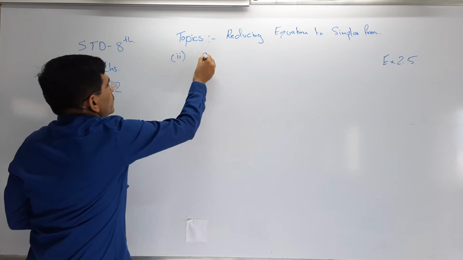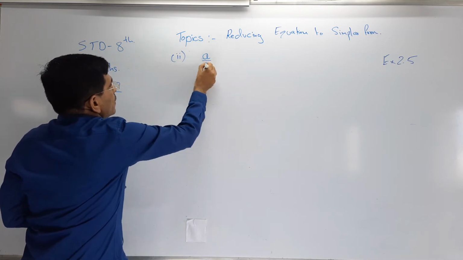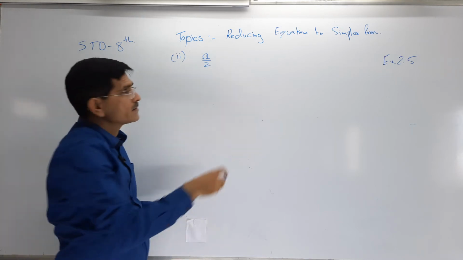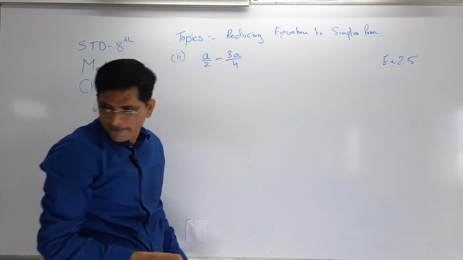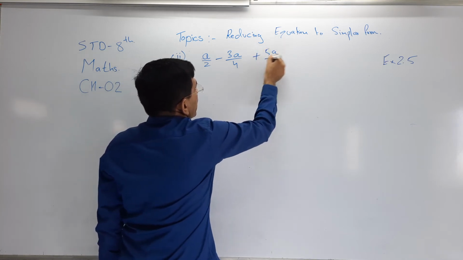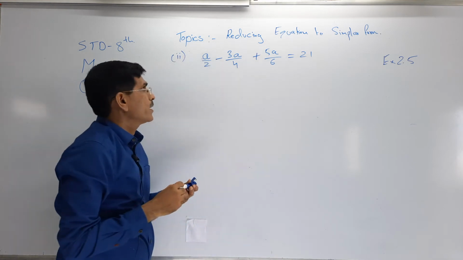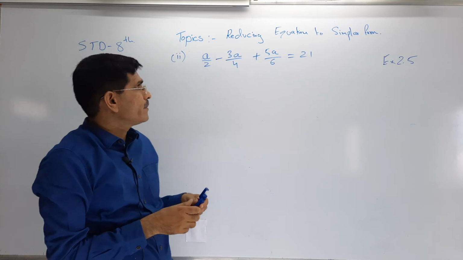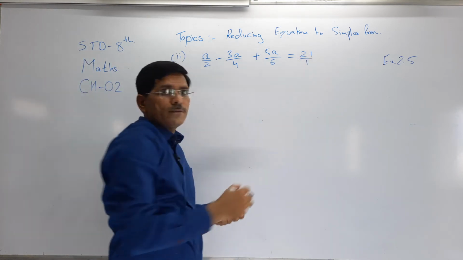The question is a by 2 minus 3a by 4 plus 5a by 6 is equal to 21. Here I have to write 1.